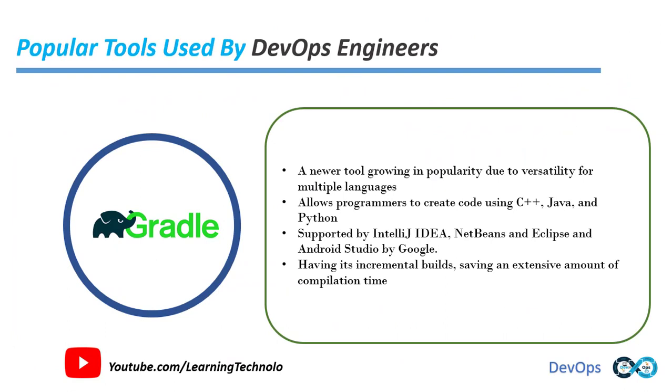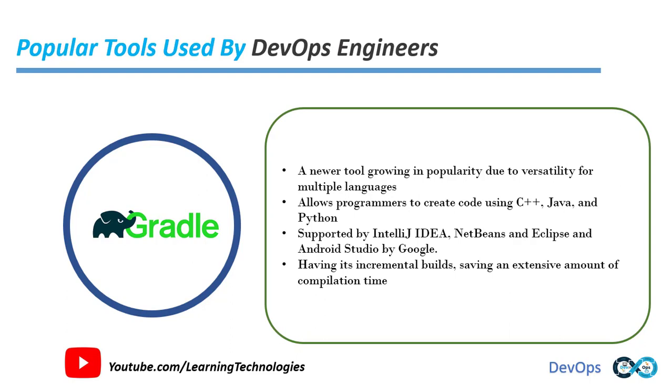Next one, Gradle. Gradle is a newer tool growing in popularity due to its versatility across multiple languages and faster speed via incremental builds. It has been adopted by Google for Android Studio. It is a development tool that allows programmers to create code using C++, Java, and Python programming languages.